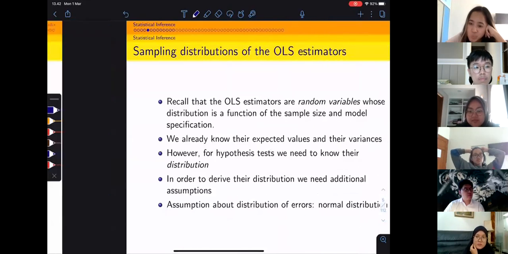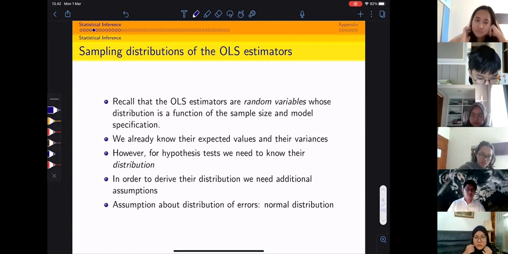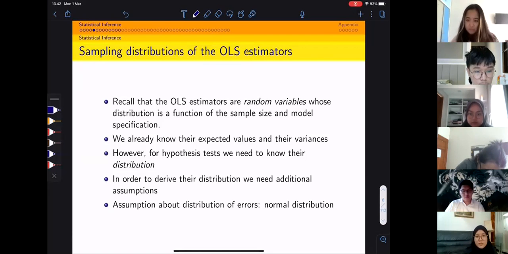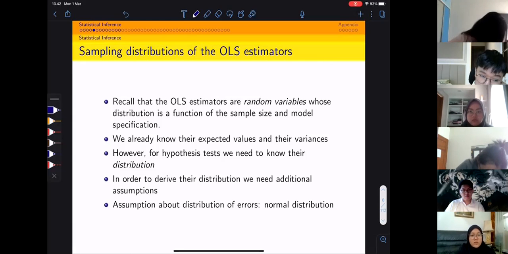All right. So before we start, I want to get to the idea of sampling distributions of the OLS estimators. The OLS estimators are random variables whose distribution is a function of the sample size and the model specification.